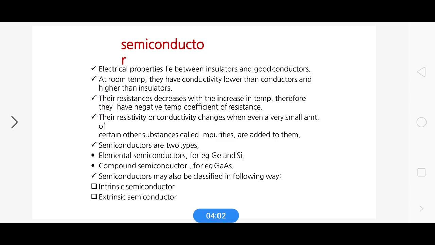Semiconductors are generally classified into two types by adding impurities to the pure form: intrinsic and extrinsic semiconductors.